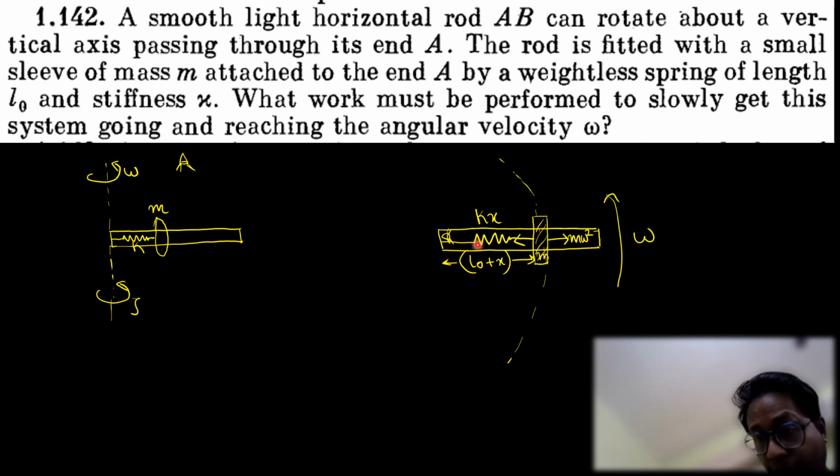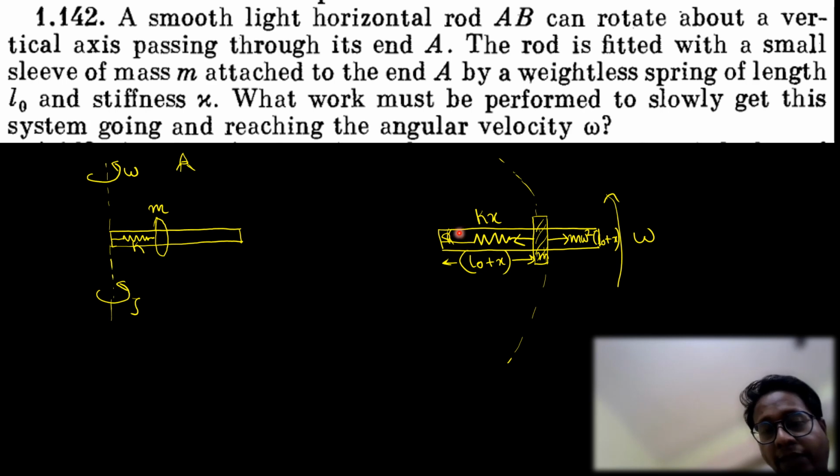So the spring will get stressed by distance x, and the entire length from the axis of rotation is nothing but L naught plus x. So the centrifugal force is m omega square into L naught plus x.